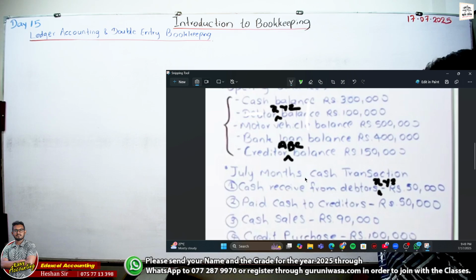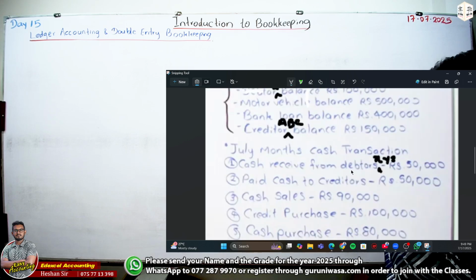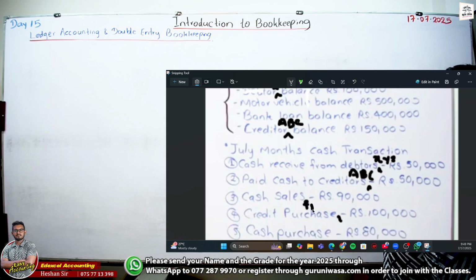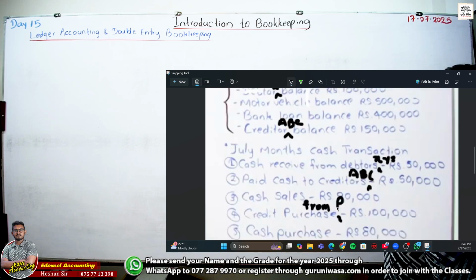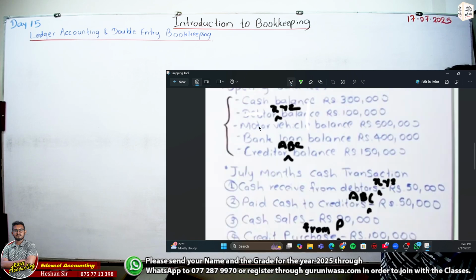Then cash received from debtor XYZ, cash paid to creditor ABC, credit purchase from P, cash purchase, owner, right? Likewise. So just remember debtor XYZ balance, creditor ABC balance.